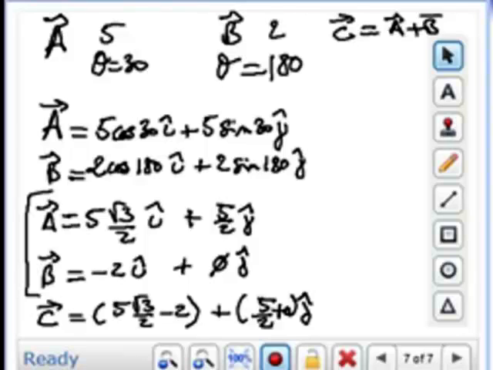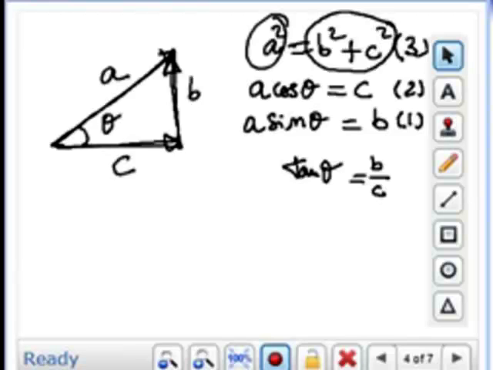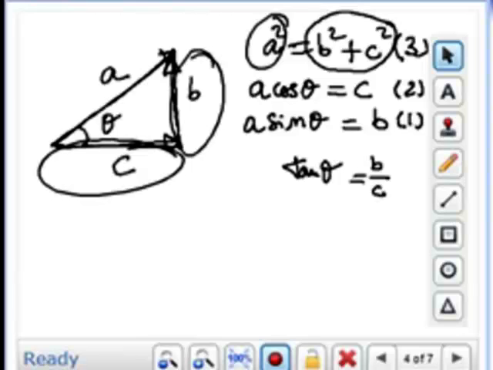Okay? Now, if I would like to write my vector C not in component notation, but in the same style as the vectors that were given to me, then all I need to do is use the Pythagorean theorem backwards. Because remember that if you know this guy and you know this guy, then you can deduce this guy and this guy.